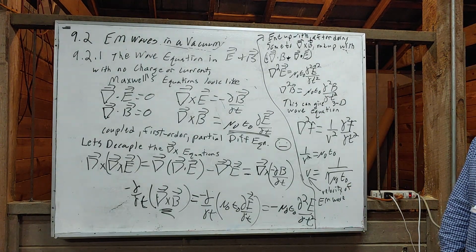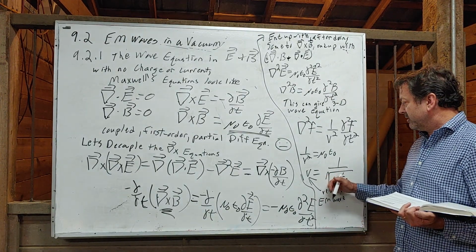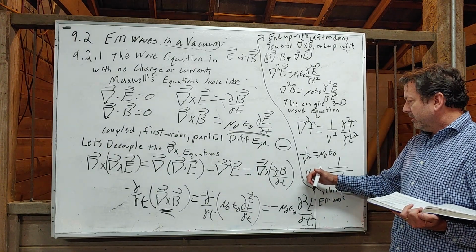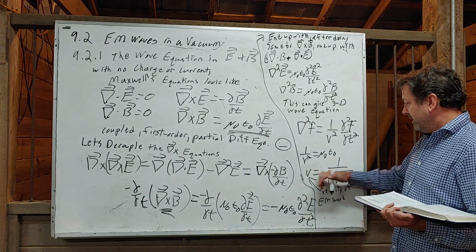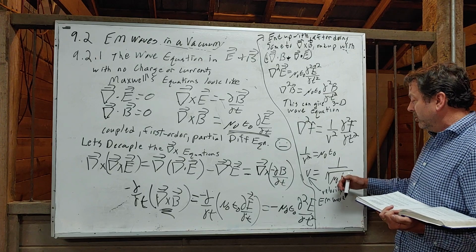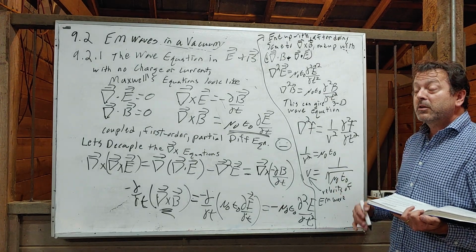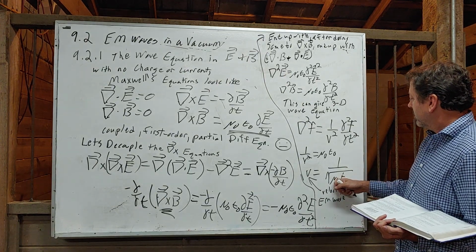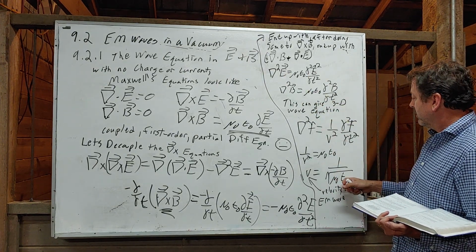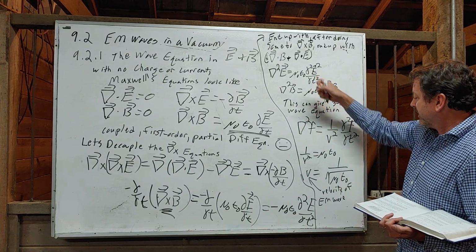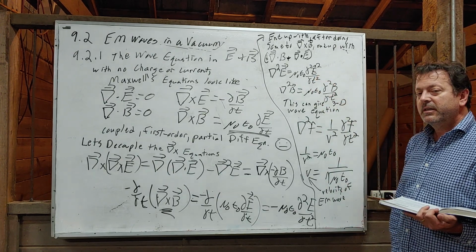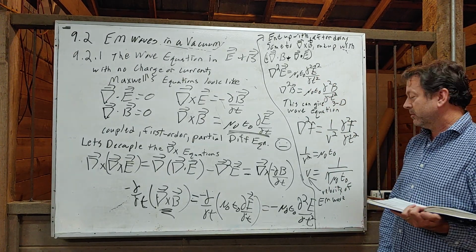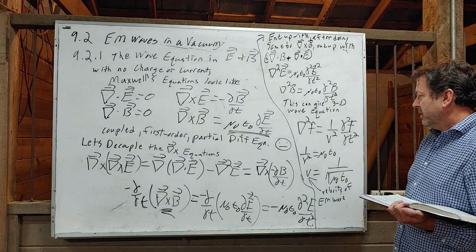So they were like, wait a minute. If the speed of light is equal to this V, this value, that means light must be comprised of what two things? Electric fields, magnetic fields. It's got to be electric and magnetic fields. And what is it?